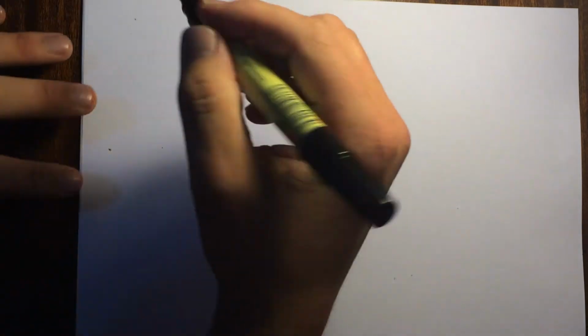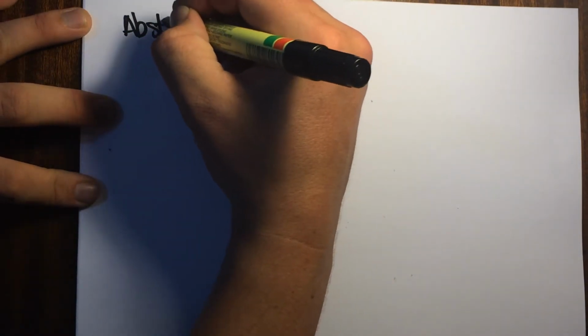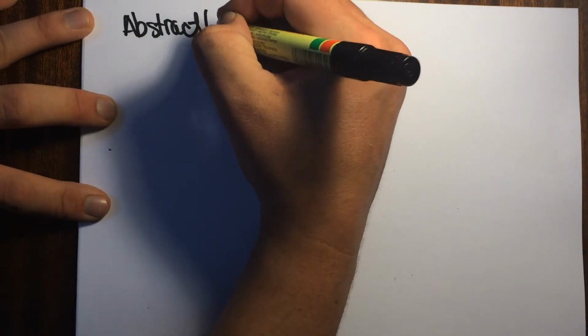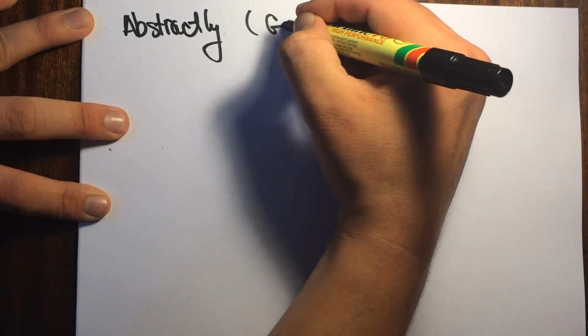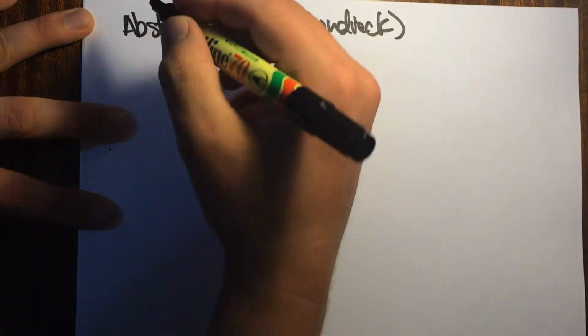Okay, so let me define this in the abstract sense. Abstractly, this is how Grothendieck does it, in his Chern class papers.